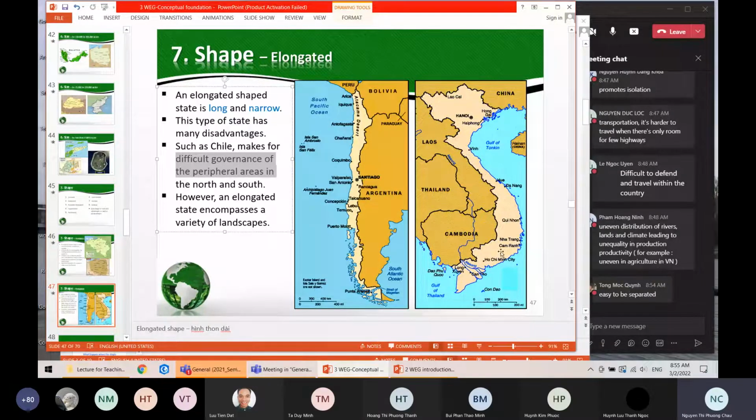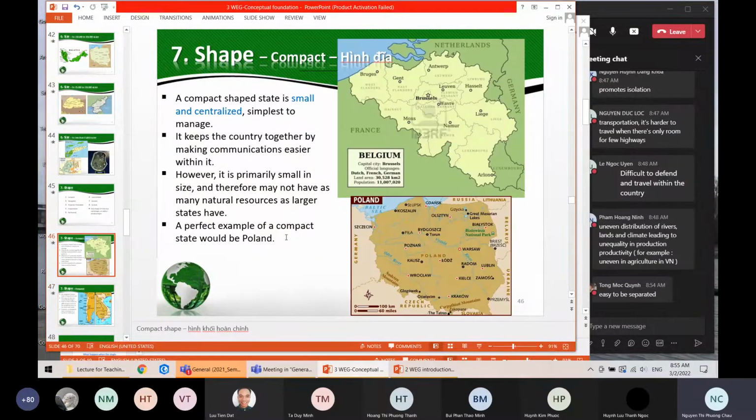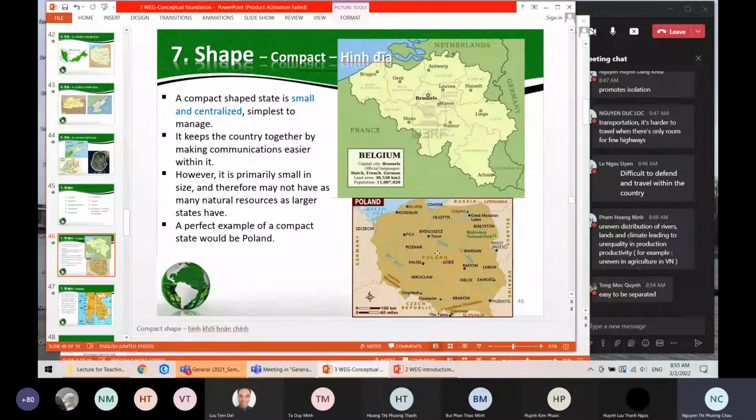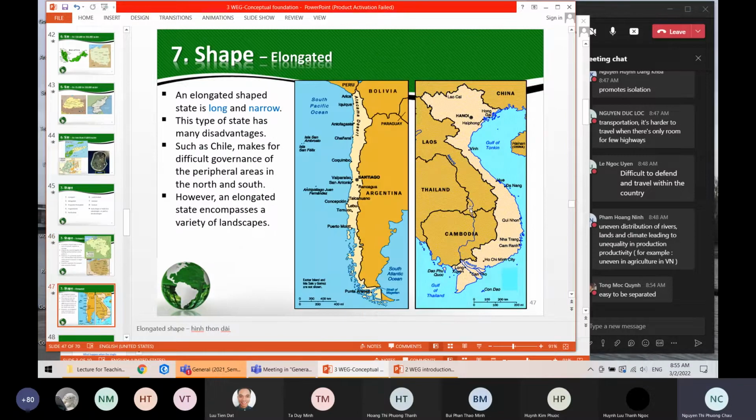I would like to explain with you the shape of compact. You see, this compact shape looks like a round cookie, and elongate is like a long and narrow cookie. Two kinds of cookies. Which one is easy to be broken?